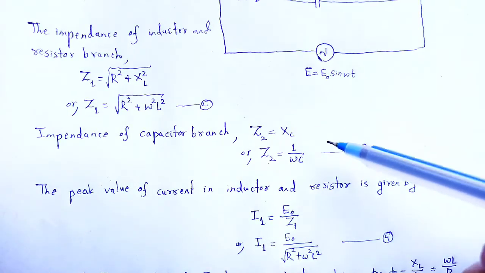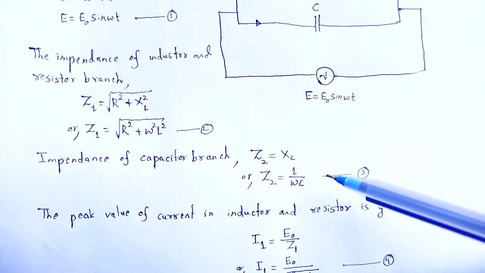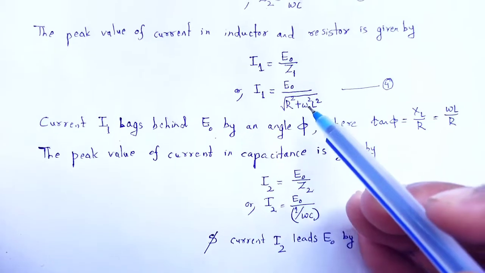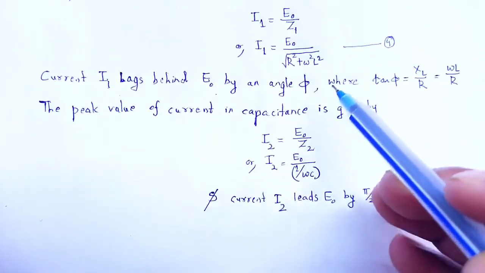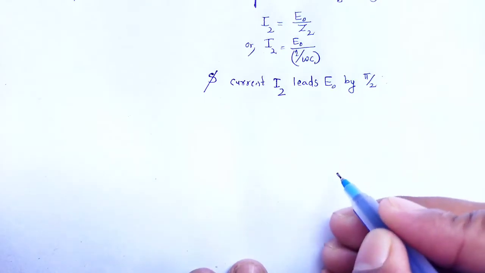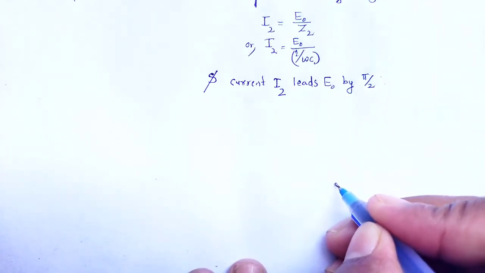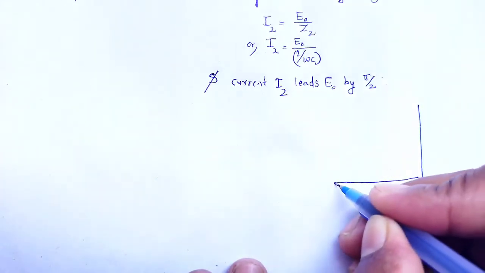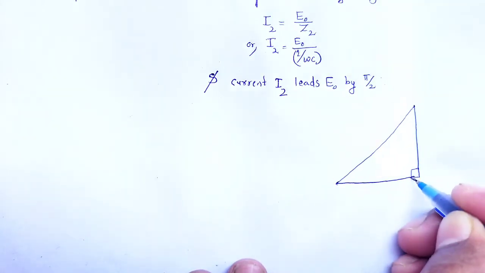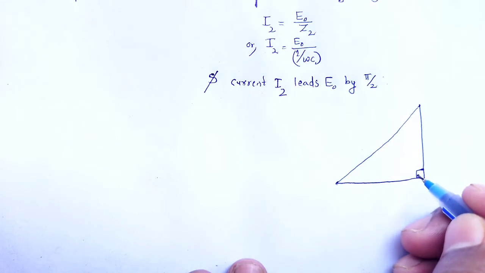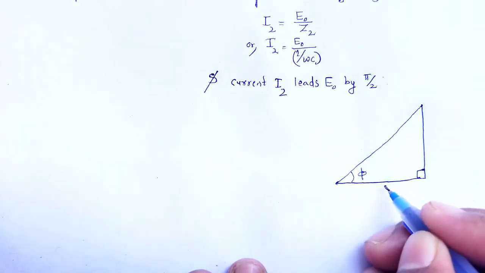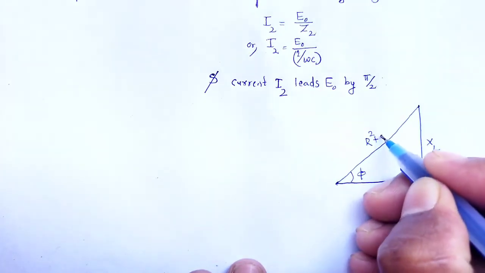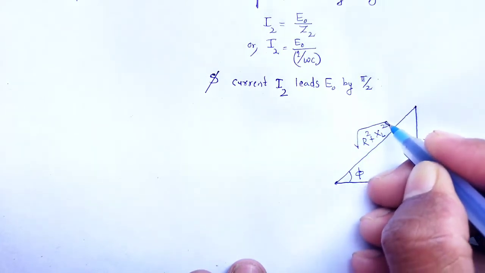Now, we can plot vectorially. Look here, the vectorial representation: phi, R, XL, and the square root of R square plus XL square.